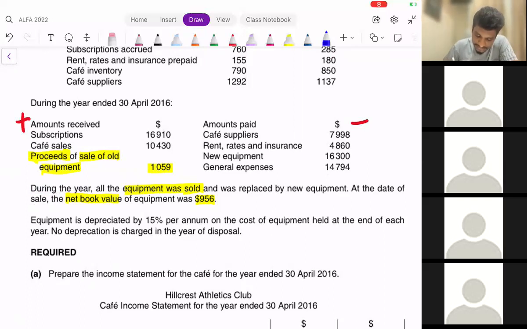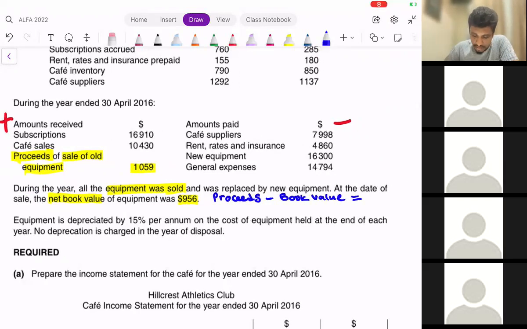The formula is proceeds minus book value. If you get a positive answer, that's your gain or profit. If you get a negative answer, it's your loss.